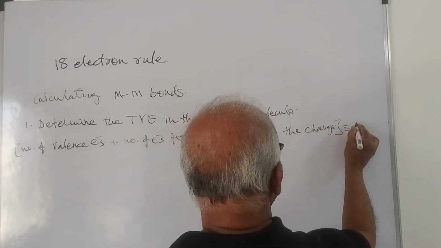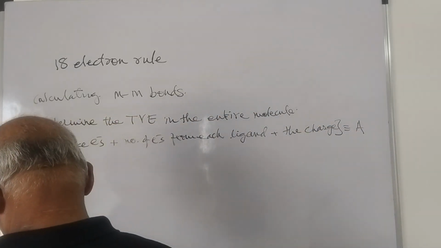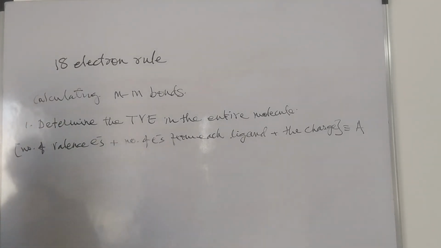This total valence electron count is represented as A.